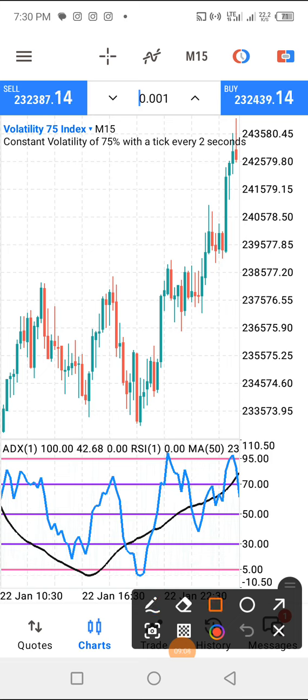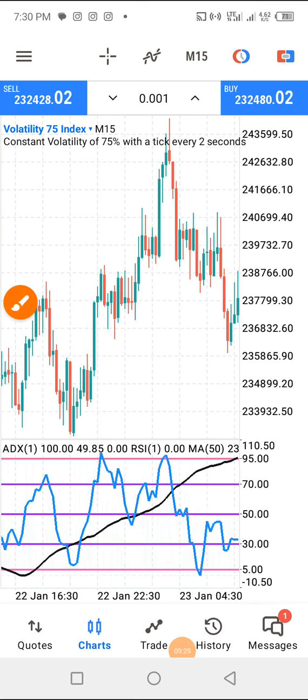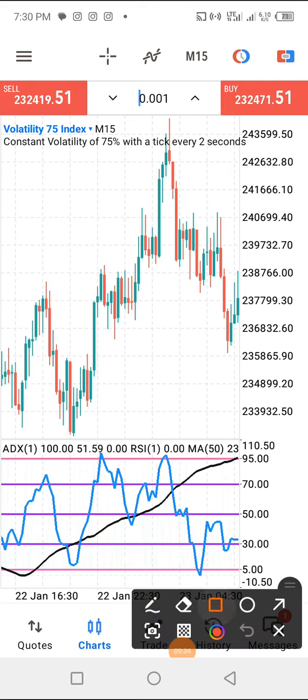Immediately it crossed above level 30 and crossed above the moving average, you notice that price went far up to level 95. Guys, you can see it, right? Price went as far as level 95, meaning it was a very huge move. Now when price crossed below it again, you notice price went so low.